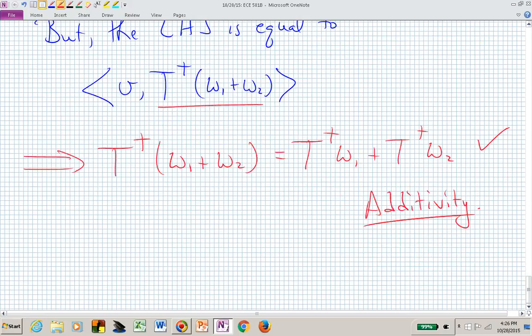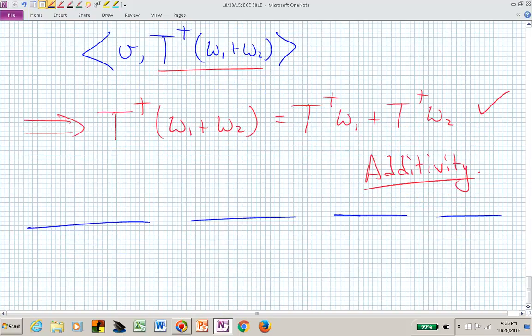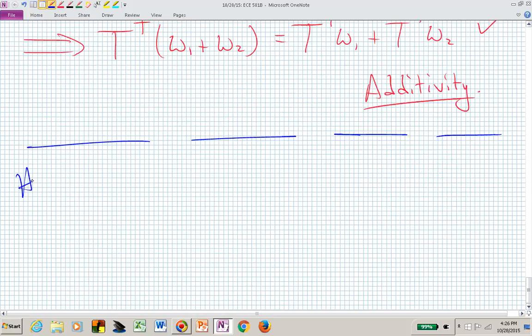If we look at homogeneity, doing that in a similar manner, we would say TV, inner product with a scalar A times W. What happens to that scalar in the second slot if we move it outside the inner product? That's the conjugate homogeneity property.